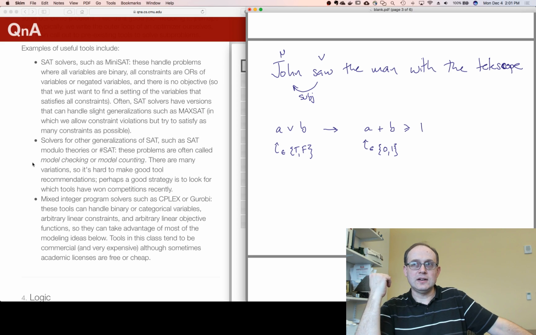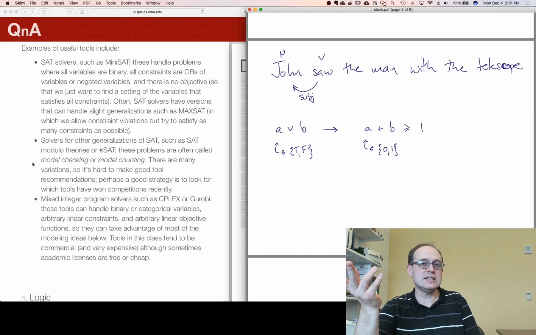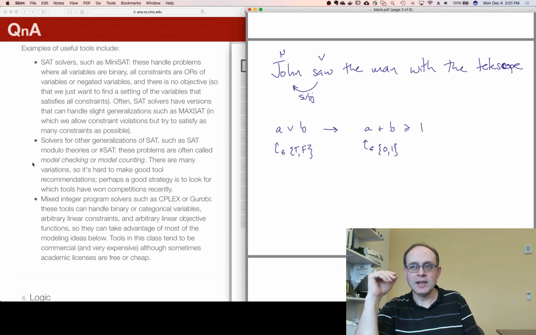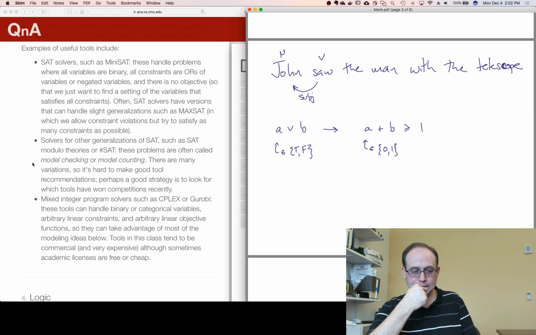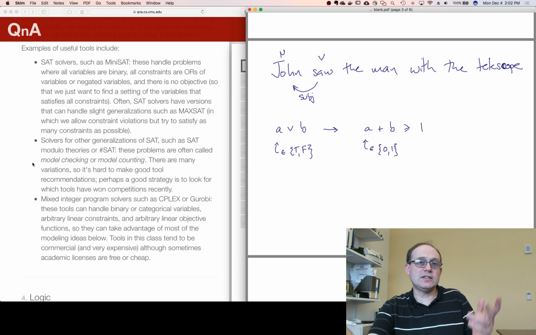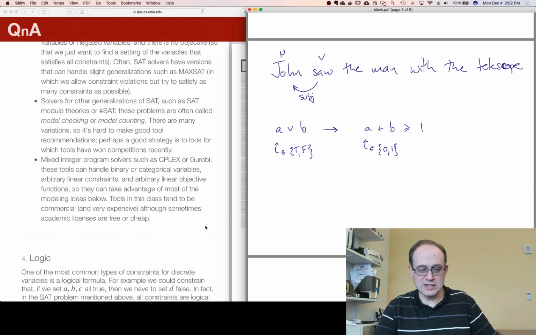Unfortunately, they are incredibly expensive. CMU has site licenses to tools like these, so you can use them for free. But if you were in a company, you would expect to pay $10,000 per seat to use one of these things. But that doesn't mean you shouldn't take advantage of being a student and use these things while you can.